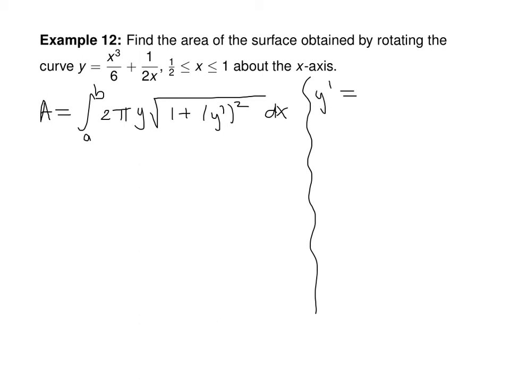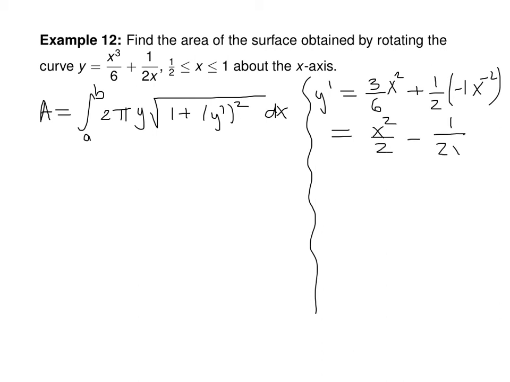Y prime will equal 3 over 6 times x squared plus 1 half times negative 1 x to the negative second, or x squared over 2 minus 1 over 2x squared.